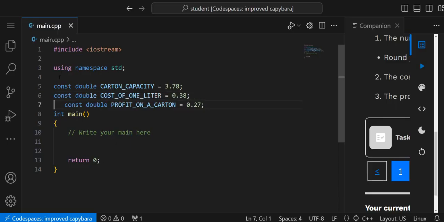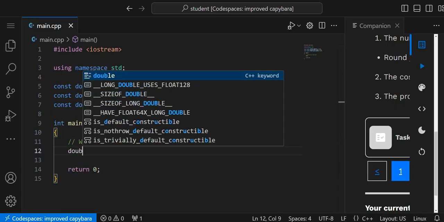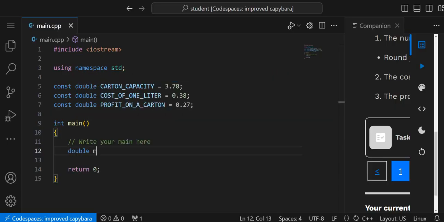There, tap that there, and we'll break one more line. Then we'll start doing our variables, which are doubles: milk quantity. These are all doubles. We're going to line up again.